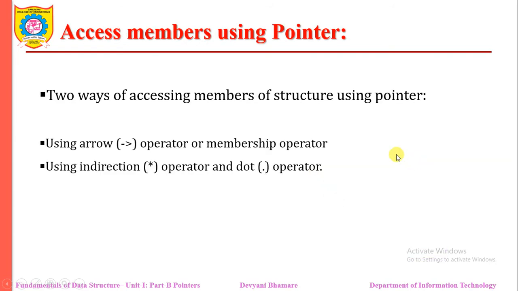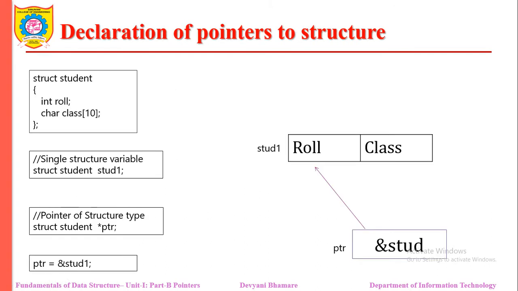Now the question is how we are going to access the members of the structure by using the pointer. In the last session, we saw that the structure variable can be accessed by using the dot operator. If I want to read the roll number of stud1, then we write stud1 dot roll, stud1 dot class. If I want to access this roll and class with the help of the pointer, then what do we need to use?